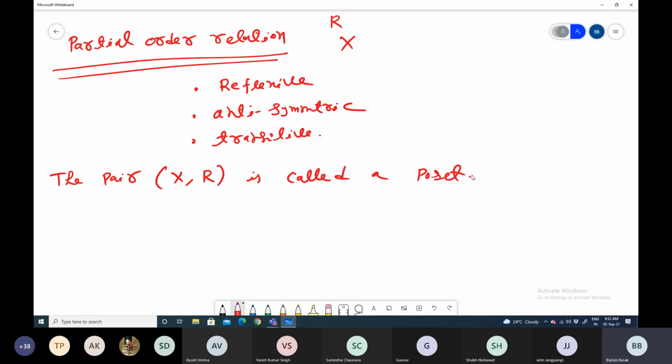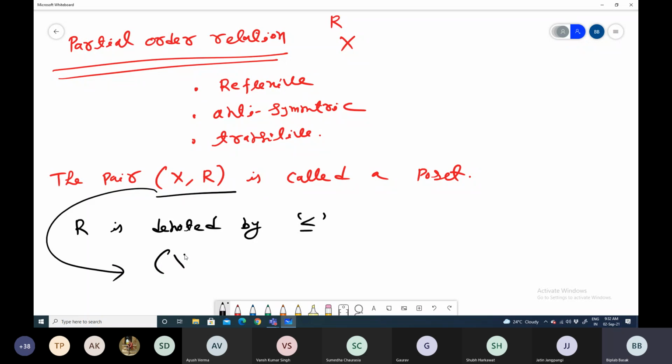Okay, and from now onward, when we say that a relation is a poset, then this R is denoted by this symbol, that is the less than or equal to symbol. So instead of R we will write this, so that means we will write (X, ≤), and this is my relation.